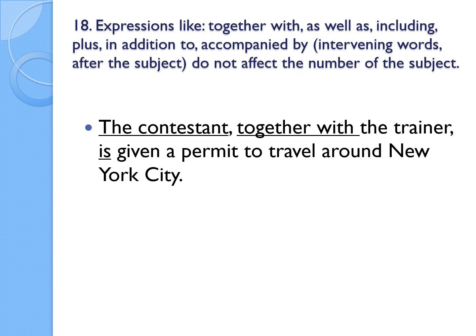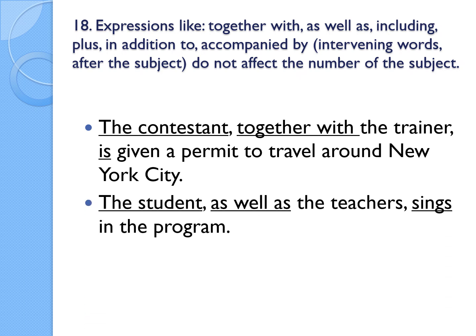This must not affect the subject, the contestant, because the subject is singular, therefore the verb is must be used, which is also singular. The student as well as the teachers sings in the program. We have an intervening phrase, as well as the teachers, but since the subject, the student, is singular, we use the singular verb sings in our sentence.